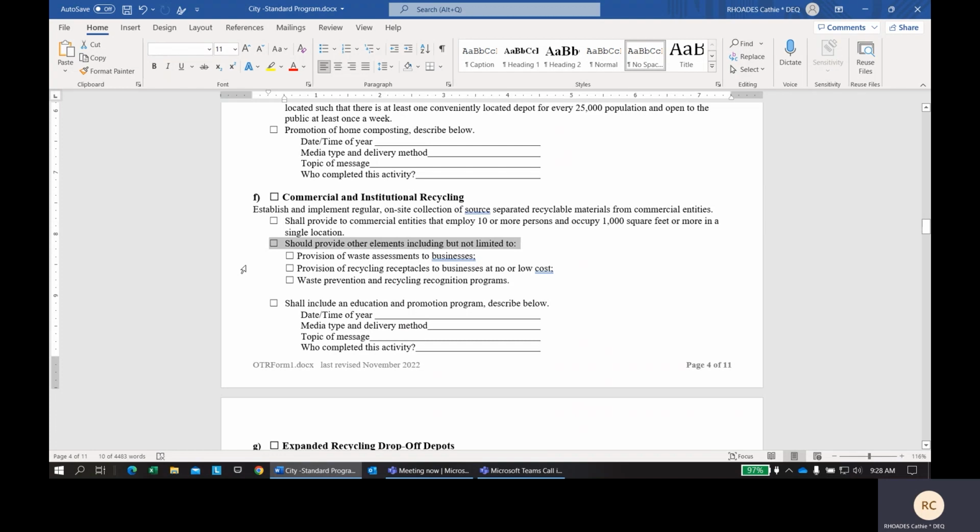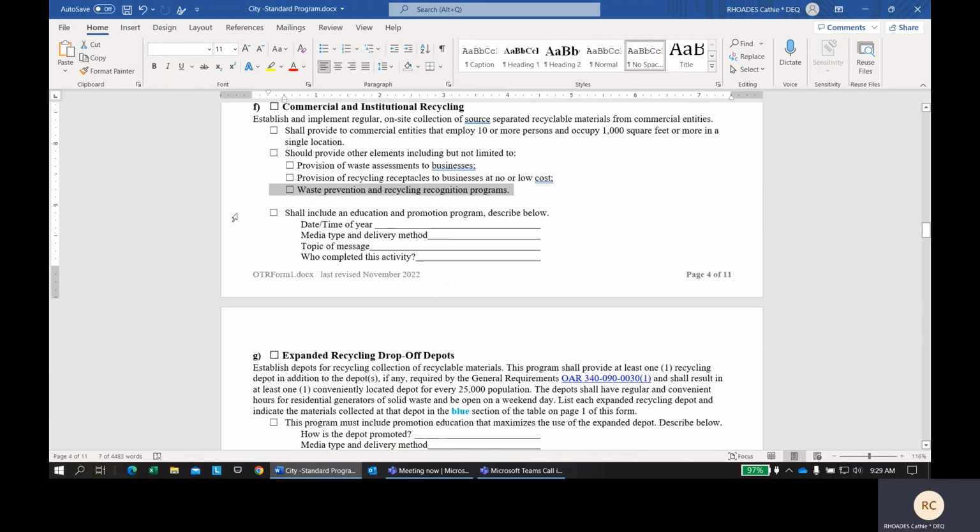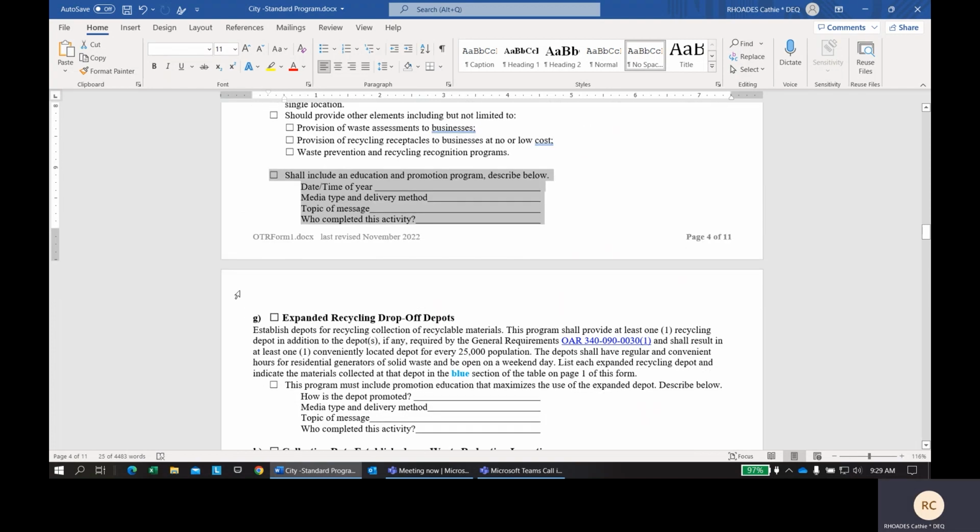You should provide other elements such as waste assessments to businesses, providing recycling receptacles to businesses, and also a waste prevention and recycling recognition program. There is an educational component here as well. You will need to provide information to commercial generators so they know how to recycle in this program.